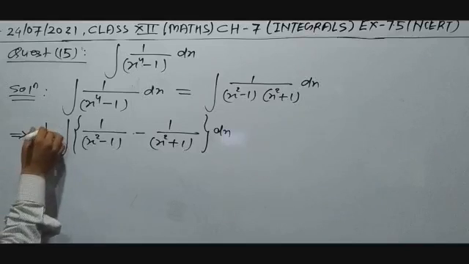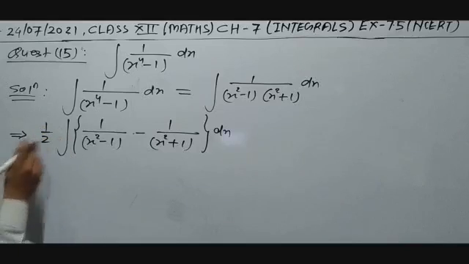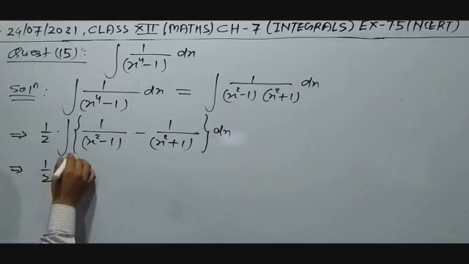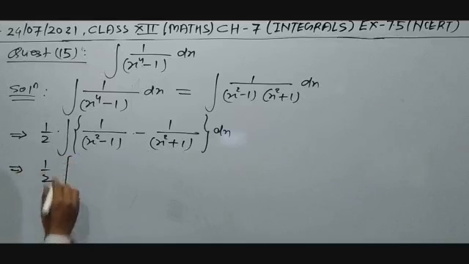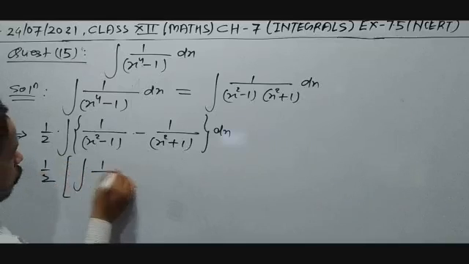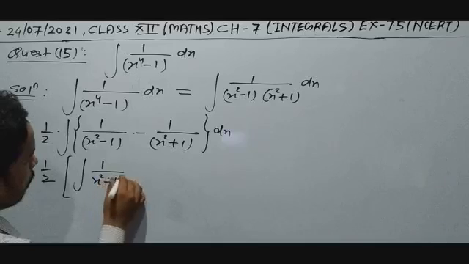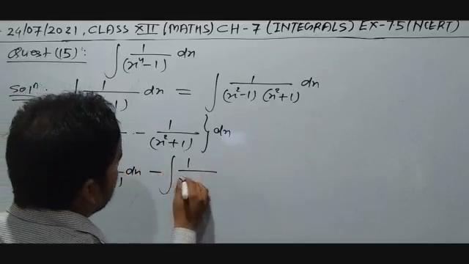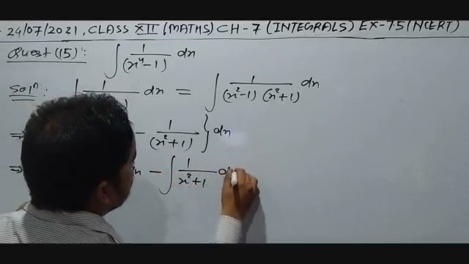So balancing for 2, multiply by 1 by 2. So 1 by 2 is outside the square bracket: integration of 1 upon x square minus 1 dx minus integration of 1 upon x square plus 1 dx.